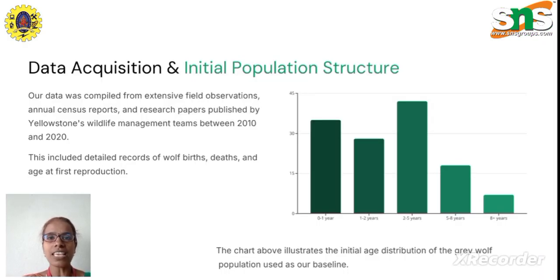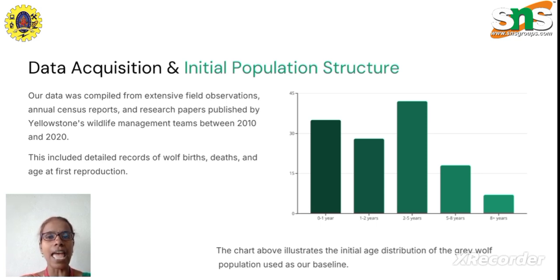The next thing is data acquisition and the initial population structure. Our data was compiled from extensive field observations, annual census reports and research papers published by Yellowstone's wildlife management teams between 2010 and 2020.